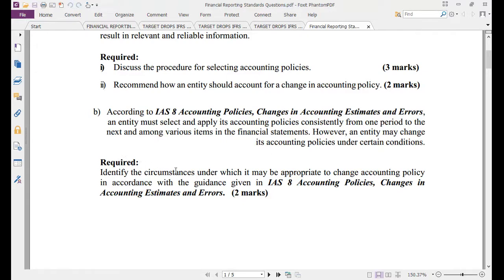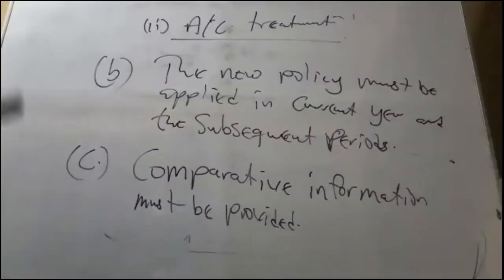Identify the circumstances under which it may be appropriate to change accounting policy in accordance with the guidance given in IAS 8. 2 marks, 2 points. So when do we have to change accounting policy?